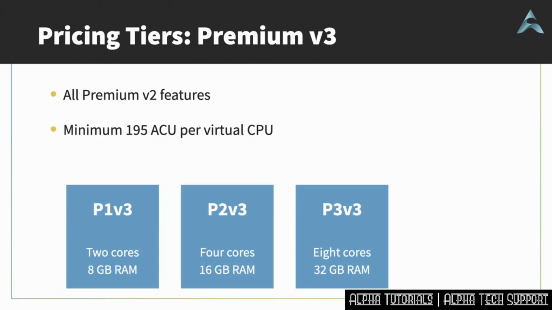And if you see the P1 V3, the P2 V3, and the P3 V3, which are the sizes of the virtual machines, they are way bigger than the previous ones, because these are way more capable. They're way more modern hardware running this. So again, very big advantages on that end if we have an application, of course, that requires such compute.